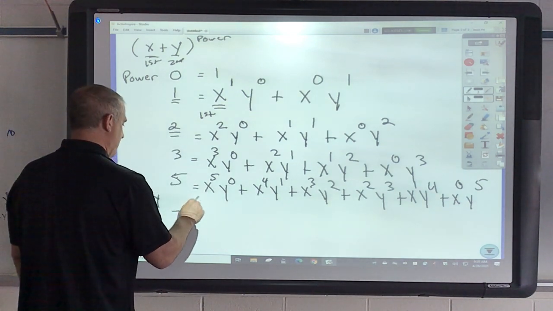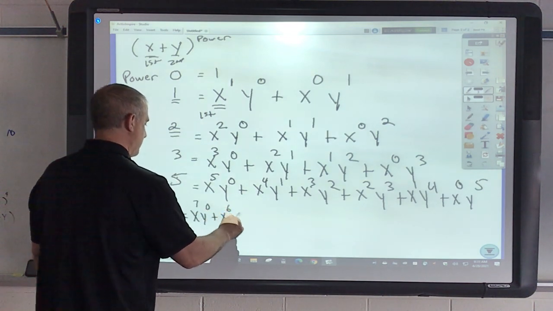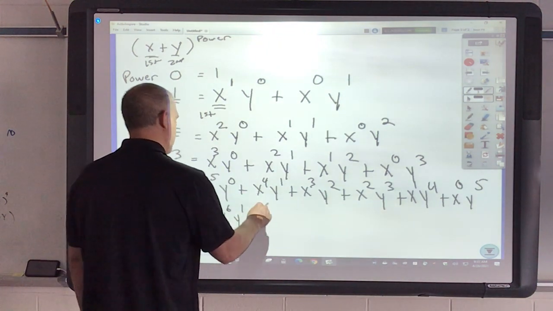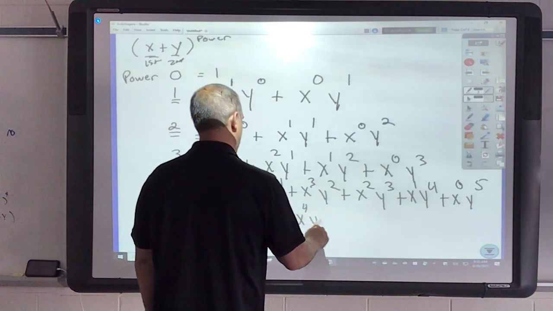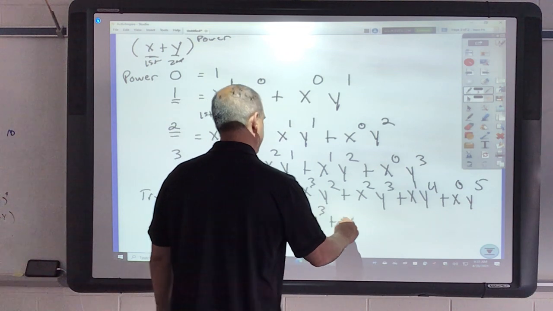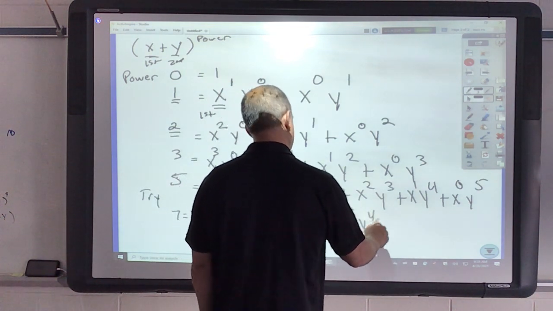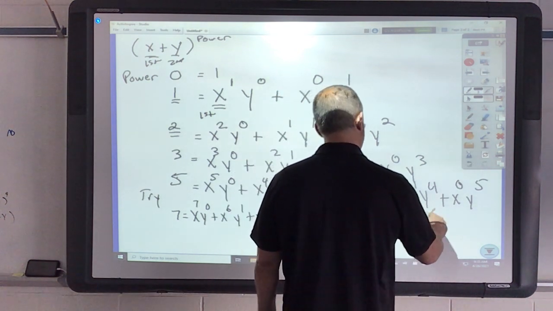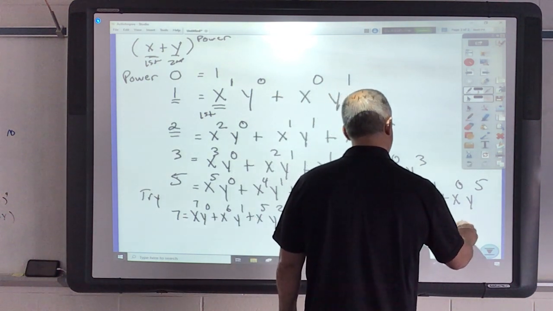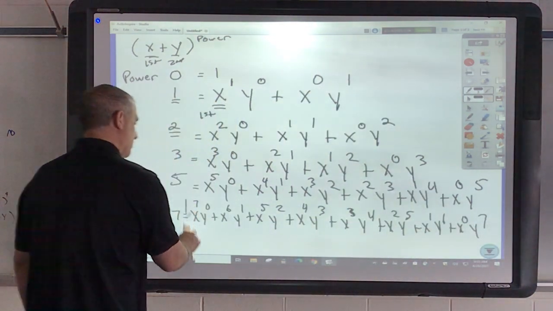It would start x7, y0, then x6, y1, then x5, y2, then x4, y3, then x3, y4, then x2, y5, then x1, y6, and then x0, y7. So that's what your expansion would look like.